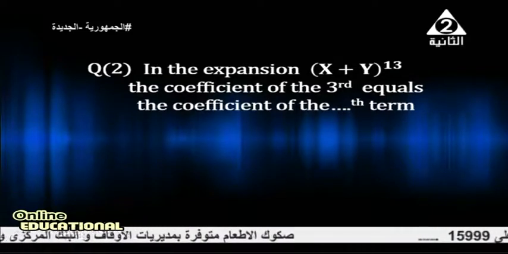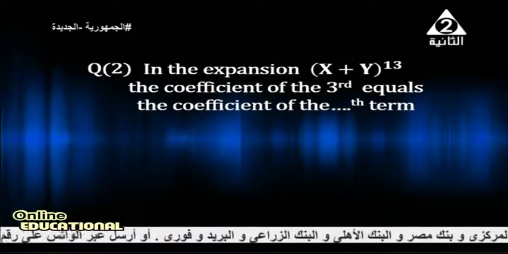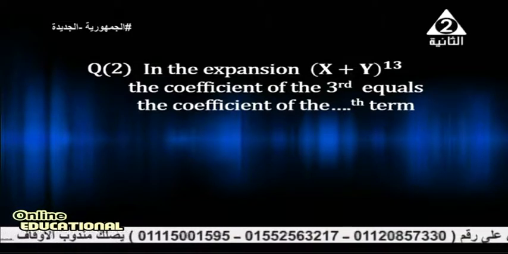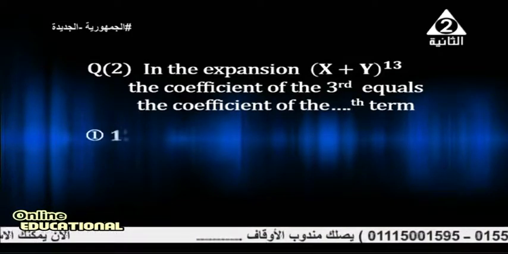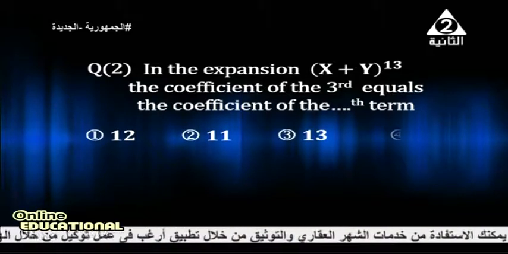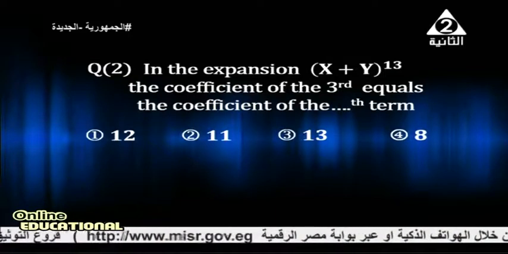Number 2. In an expansion of (x plus y) to the power 13, the coefficient of the third term equals the coefficient of what term? 12th term, 11th term, 13th term, 8th term.